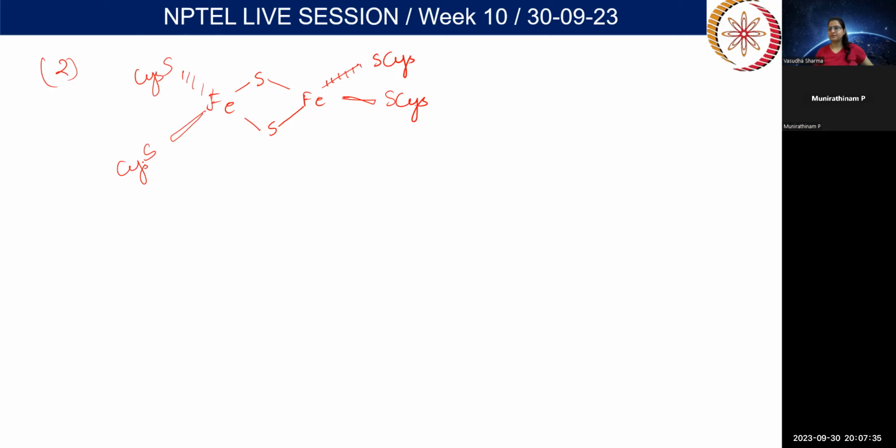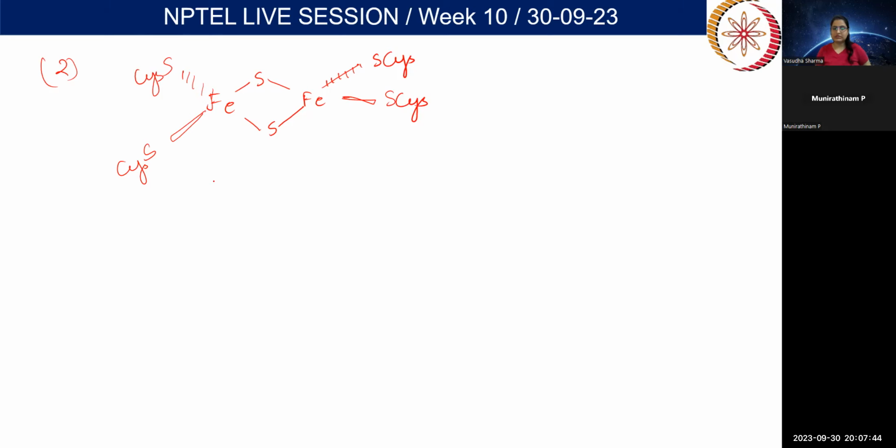We have a second example, iron where sulfurs are bound and the other positions are S16. So here also we have iron, both looking similar.